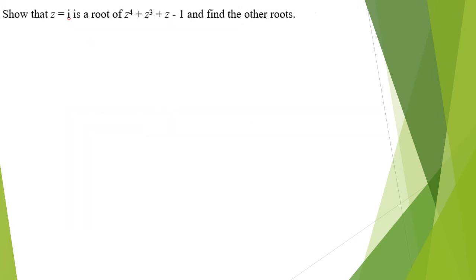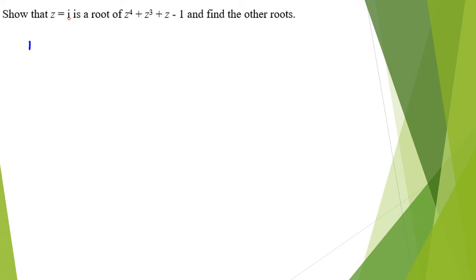Right, for this one you've got to show z equals i is a root of this. First of all you have to show it's a root. So that's your first step. To show it's a root you will have to substitute in the equation and you should end up with 0.